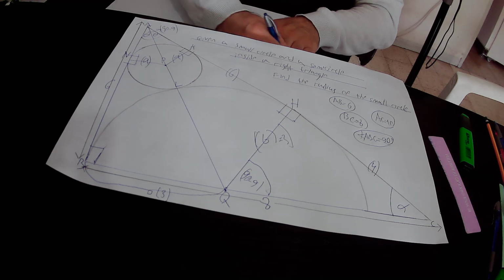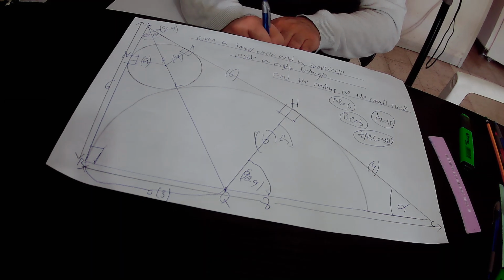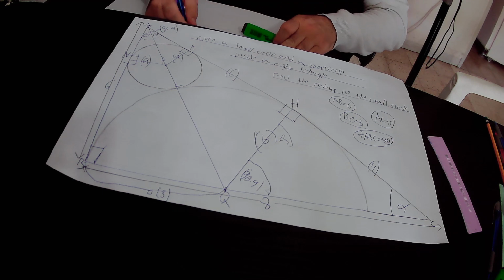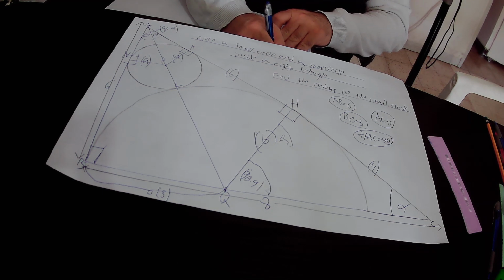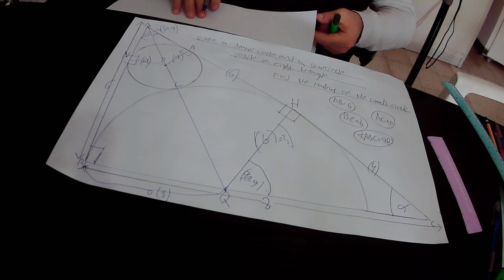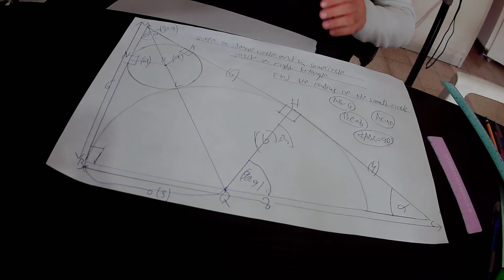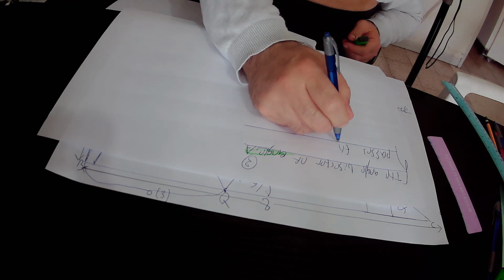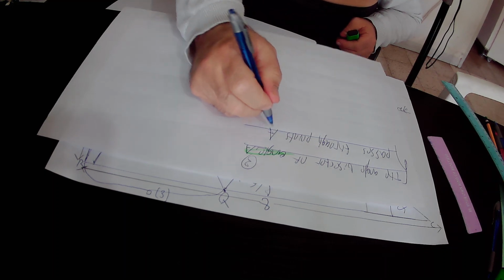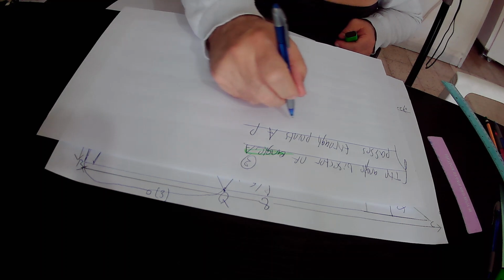The angle bisector of angle A passes through points A, P, and Q.